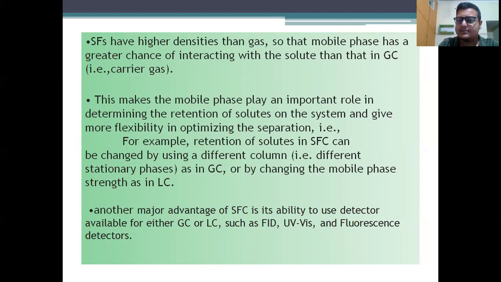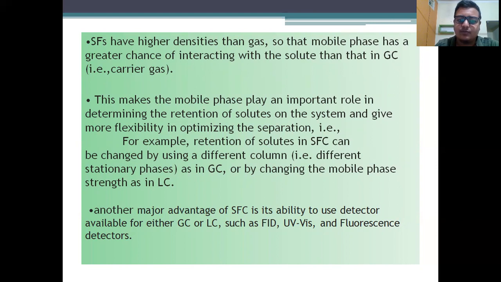Compared to any gas used in gas chromatography, the supercritical fluid molecules are much more closely arranged, so it has a greater probability of interacting with solute molecules. It is one of the most important advantages of supercritical fluids.